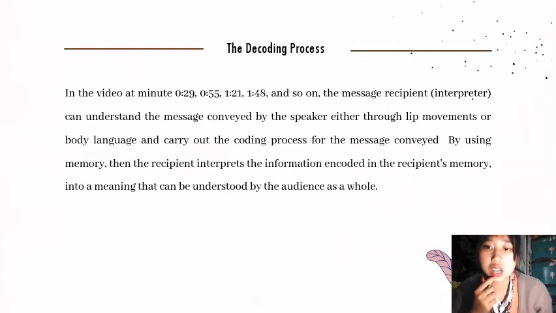The message receiver, the interpreter, can understand the message conveyed by the speaker either through movement or body language and carry out the decoding process for the message conveyed by using memory. Then the recipient interprets the information encoded in the recipient's memory into meaning that can be understood by the audience.